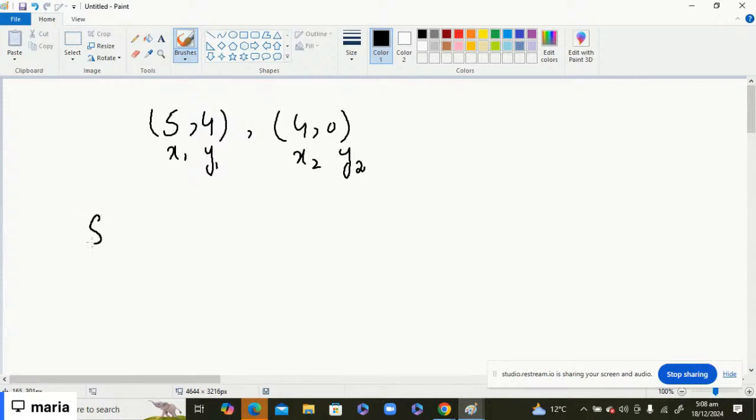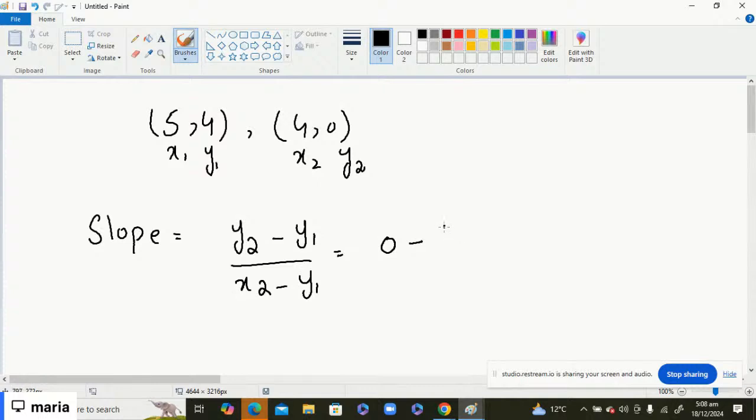Okay, so now the slope is y2 minus y1 over x2 minus x1. So what is y2 here? That is 0, minus what is y1? This is 4. What is x2? Which is 4. What is x1? This is 5.